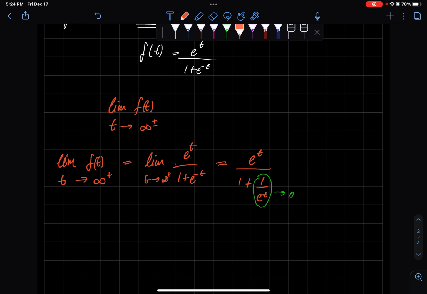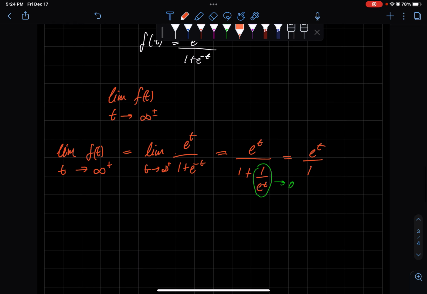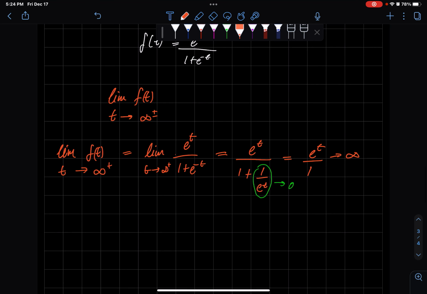So this behaves as e to the t over 1, and we know this goes to infinity, because e to the power of infinity is infinity. So this is unbounded as t approaches positive infinity.